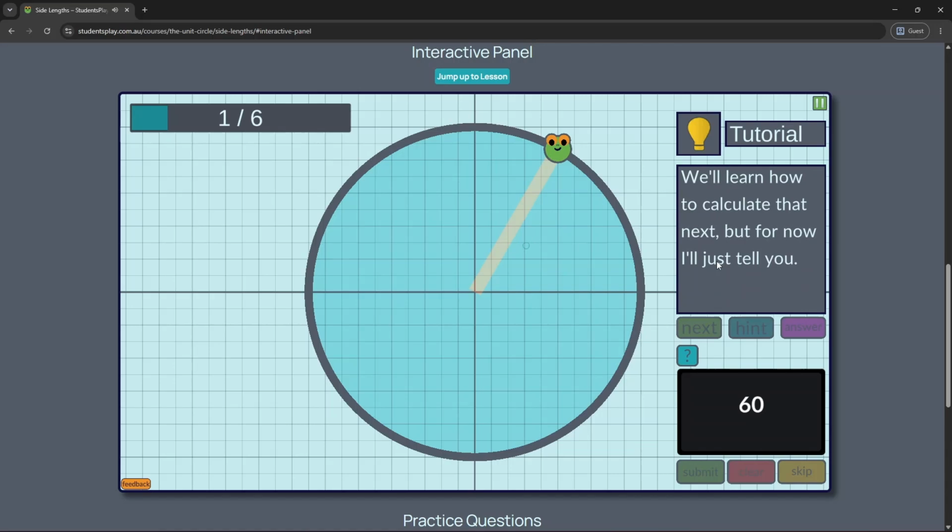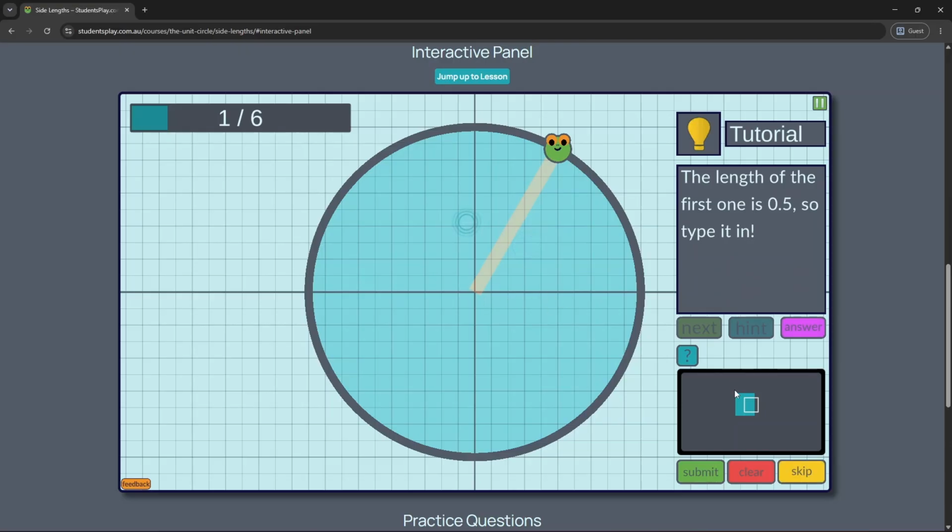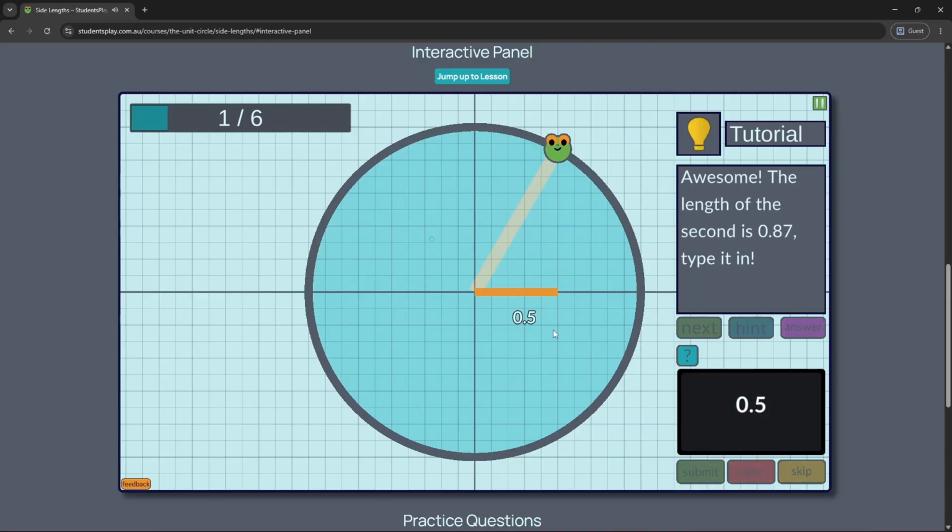We'll learn how to calculate that next, but for now I'll just tell you. The length of the first one is 0.5, so type it in. We're not going to drag the button across, we're just going to type in the length, 0.5. Awesome, the length of the second one is 0.87, so type that in. Okay, 0.87.